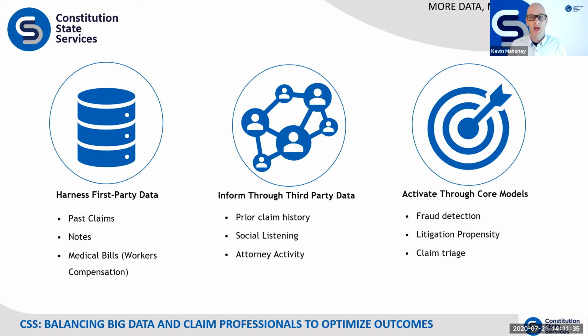And so understanding when attorneys might get involved helps us get a leg up on how we can handle the claim more effectively and potentially communicate with the claimant in a way that I think leads to the best outcome for them and for their employers.